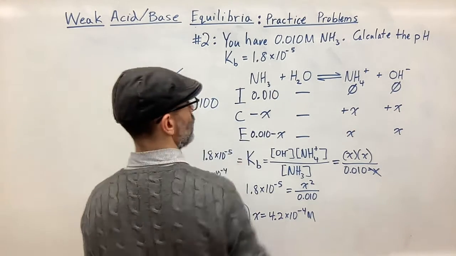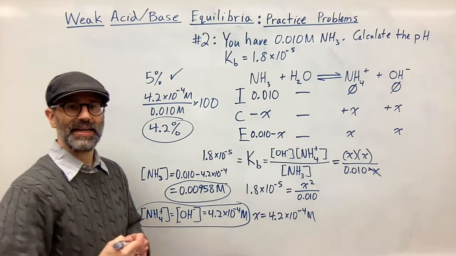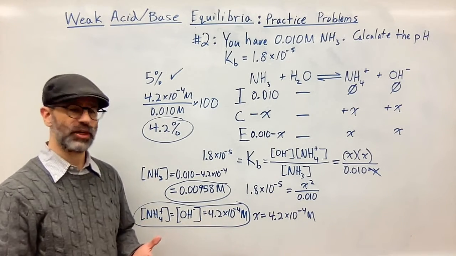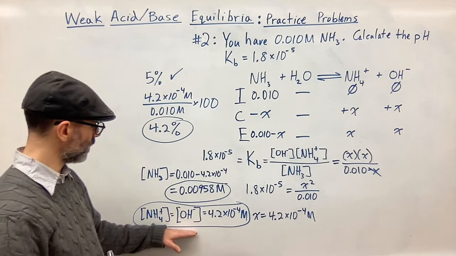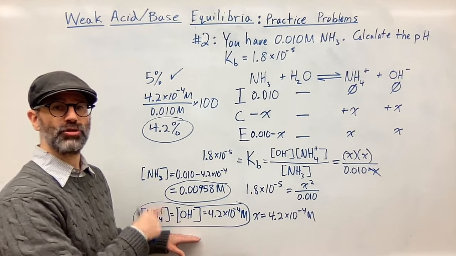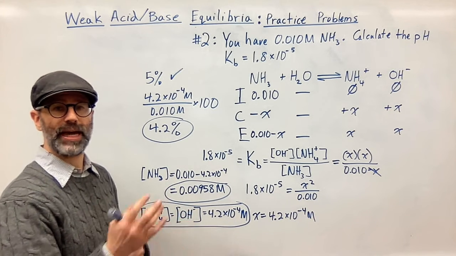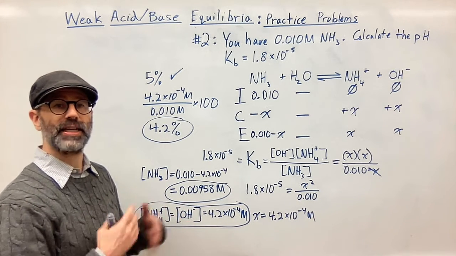But it's asking us for the pH. So pH is the negative log of the H plus concentration, but we don't have the H plus concentration. We have the OH minus concentration. So we're going to have to use the relationship between OH minus and H plus and the Kw.